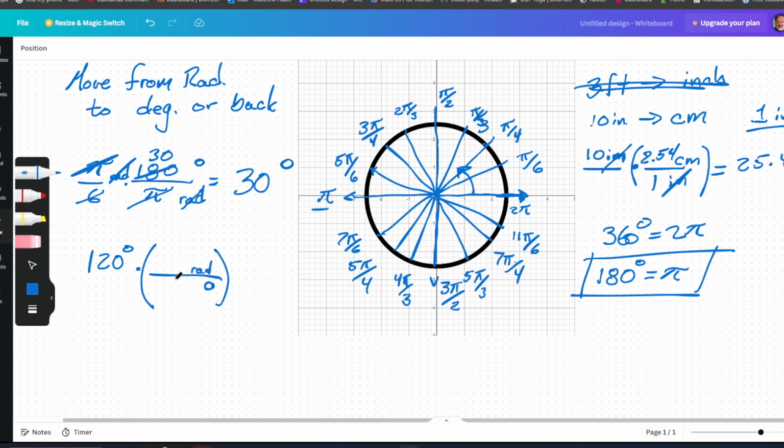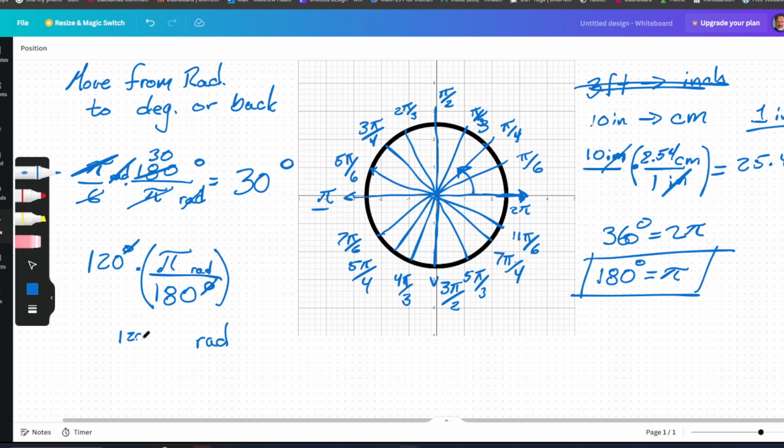Notice I didn't write pi radians. And to do that, we need an amount of degrees and an amount of radians that we know are equal. So pi radians and 180 degrees are the same measure. That's going to make the degrees cancel and give us a unit of radians.